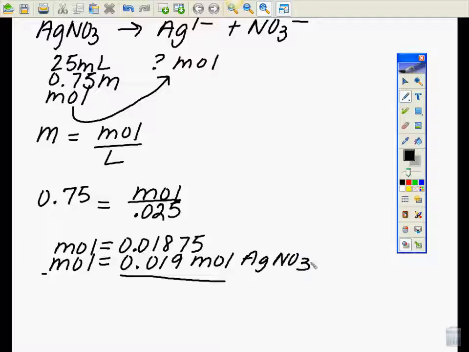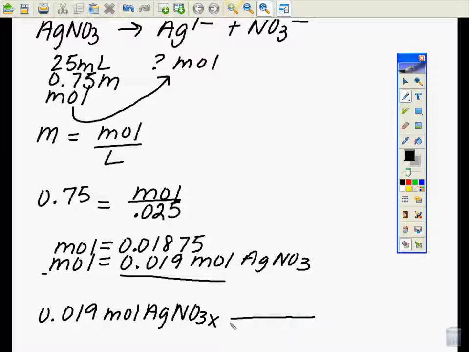But I don't want moles of AgNO3. I want moles of silver ions, so I have to do one more step. I'm going to come down here and say I have 0.019 moles of AgNO3, and I'm going to do a mole ratio. I'm going to put 1 mole of AgNO3 on bottom and 1 mole of Ag+ on top. Again, I got those from the equation.